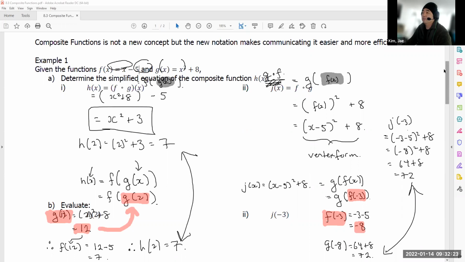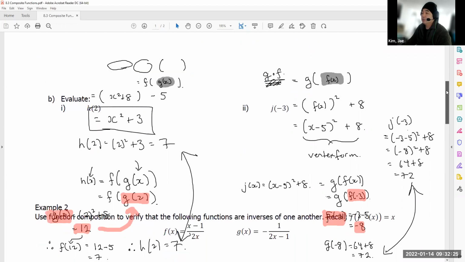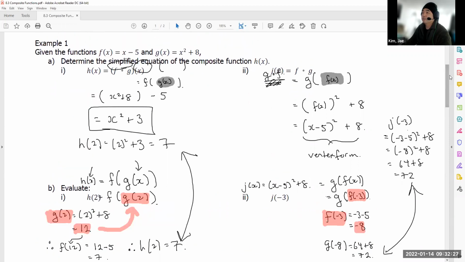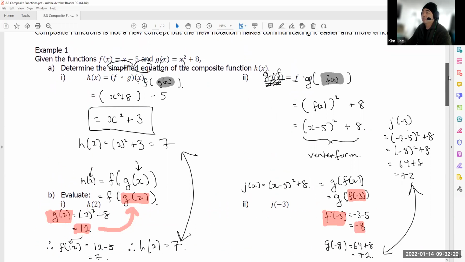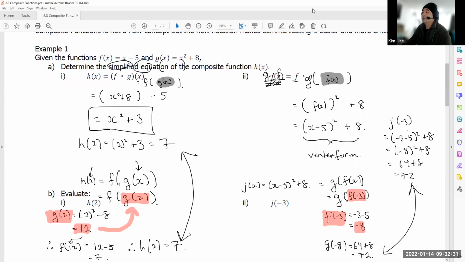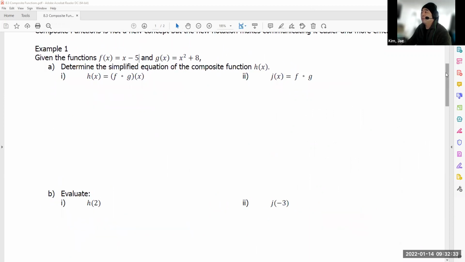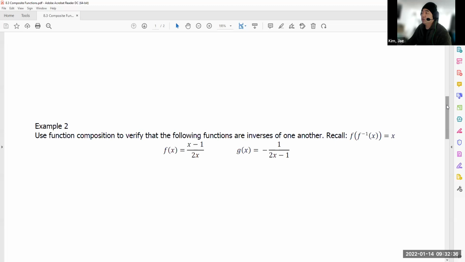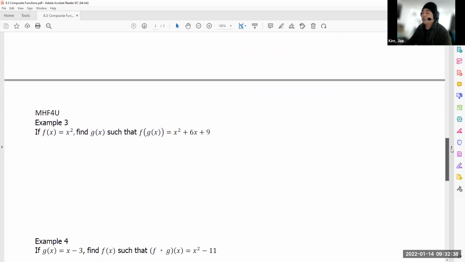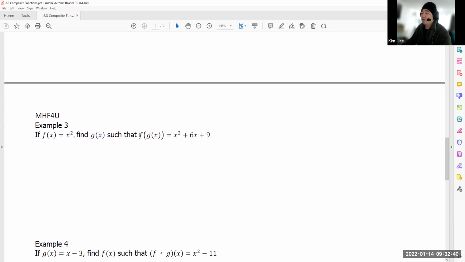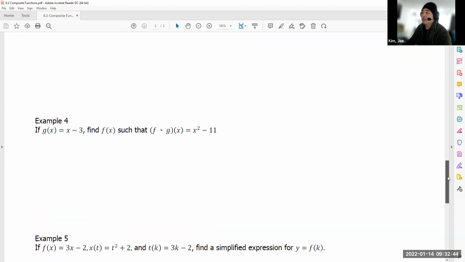All right. Any questions? Going once, going twice. All right. If there are no questions, I'm going to start introducing some interesting things that we can do for composite functions when something is inside another.